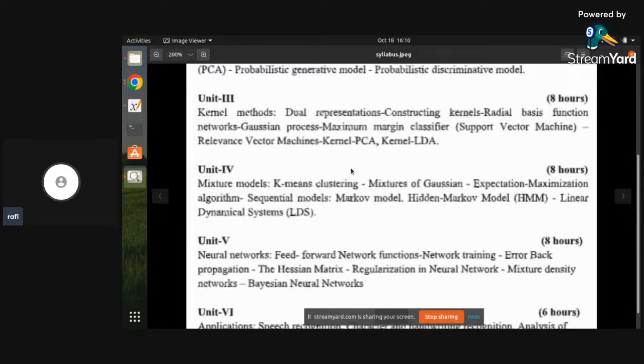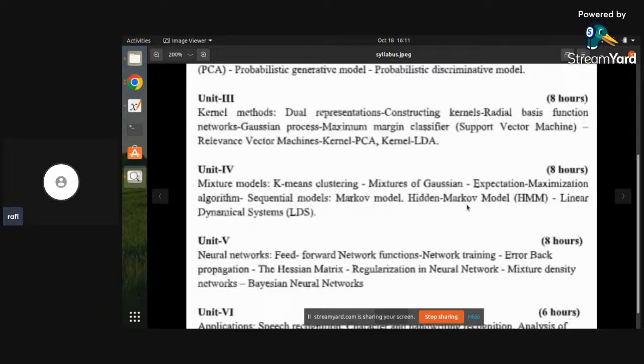Primarily, we look into two major areas of pattern recognition. One is statistical modeling, and the other is neural network based modeling. Unit 4 deals with statistical modeling. Here we have Gaussian mixture models for modeling data which does not have any temporal sequence information.